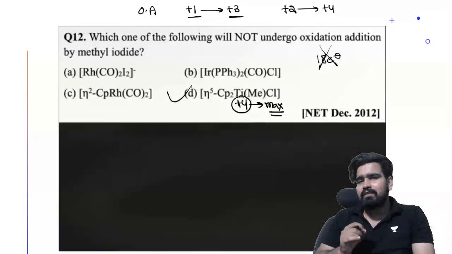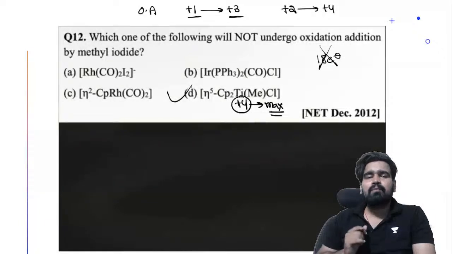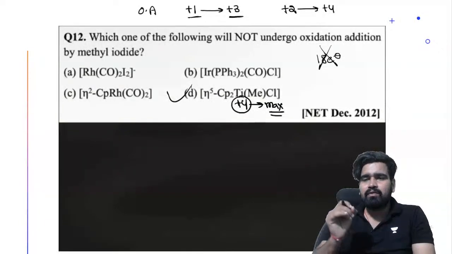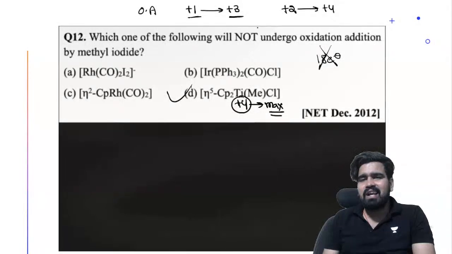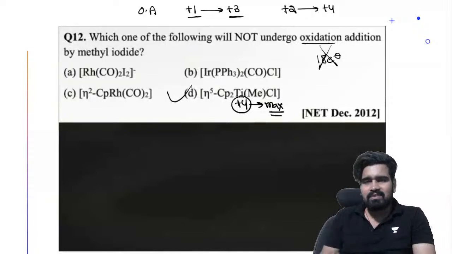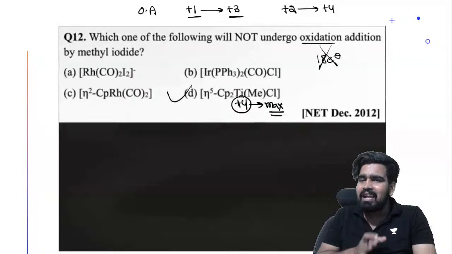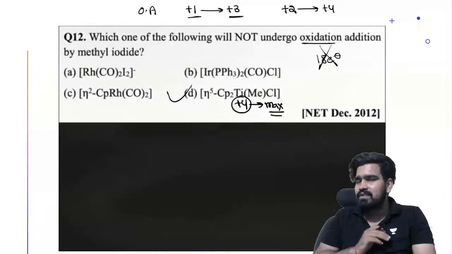So you must have knowledge of oxidation state. That is the main parameter of oxidative addition. Oxidation means the complex must increase its oxidation state, and that will be increased by 2: +2 to +4, +1 to +3, 0 to +2. If the complex metal is already in its maximum oxidation state, it will not give any kind of oxidative addition reaction.